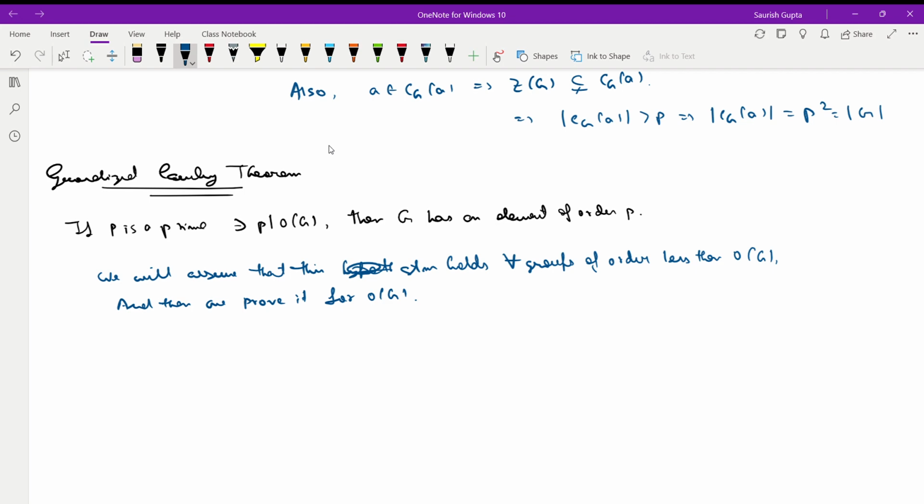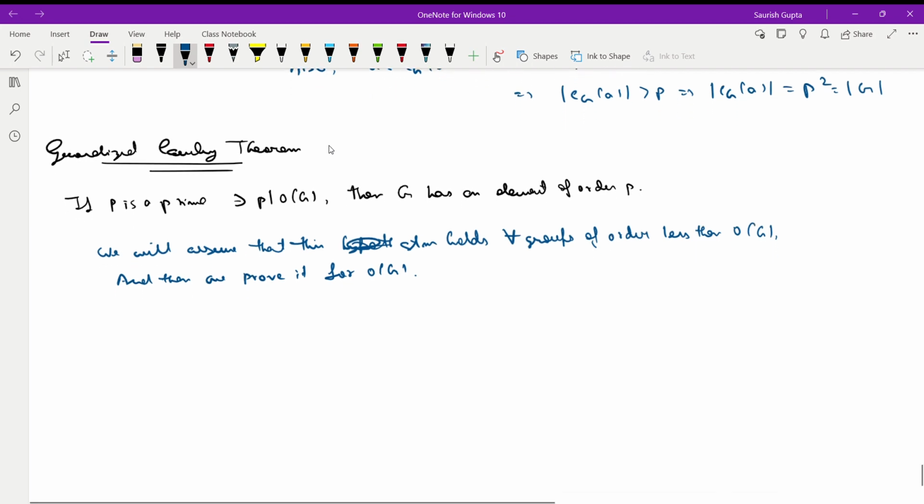It also vacuously holds for order of G being 1, right?